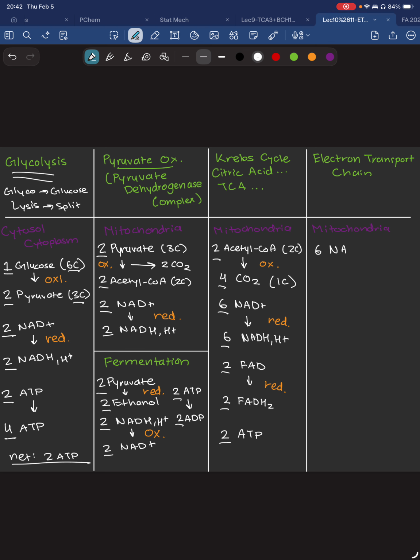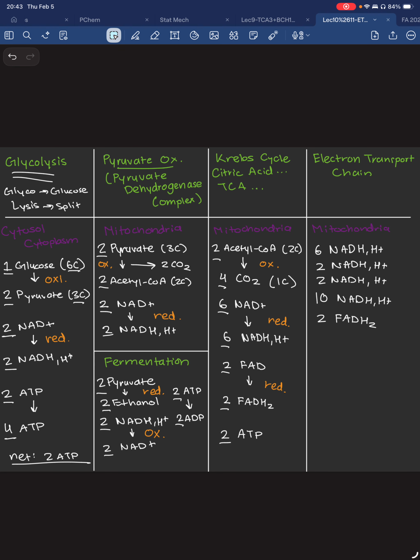Into the electron transport chain goes 6 NADH from the Krebs cycle, 2 NADH from pyruvate oxidation, and 2 NADH from glycolysis, for a total of 10 NADH, 2 FADH2. Let me actually give that a little bit more space. And oxygen, because you need oxygen to breathe. So we're actually going to say 1 oxygen, and we'll see where this is going.